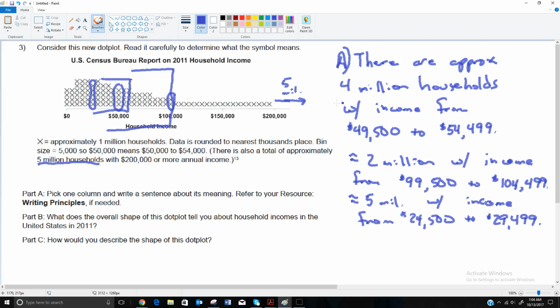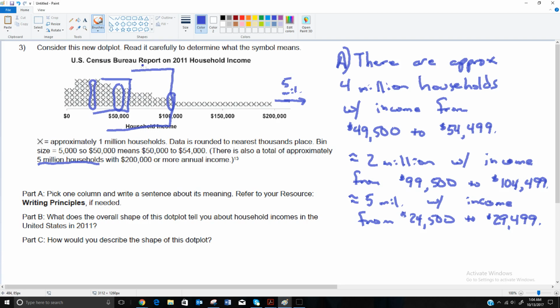So the Bill Gates of the world and the Mark Zuckerberg, is that the name of the guy who did Facebook? These people up here that have such a high income, professional athletes and things like that, would skew the average and make it look like it was higher than what a typical family has.